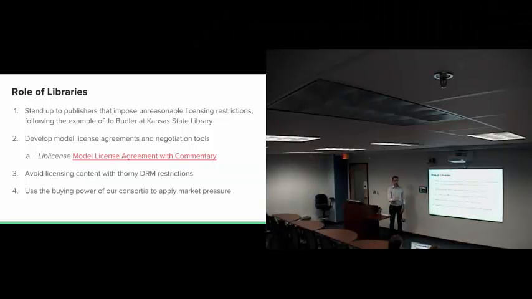People with far more expertise than I in this field have said that this is a great start, but we really need many things like this and even more robust versions of this. So Kyle Courtney at Harvard, for instance, is working on a similar document that would have more provisions and more commentary to better equip librarians in negotiating with publishers and vendors.